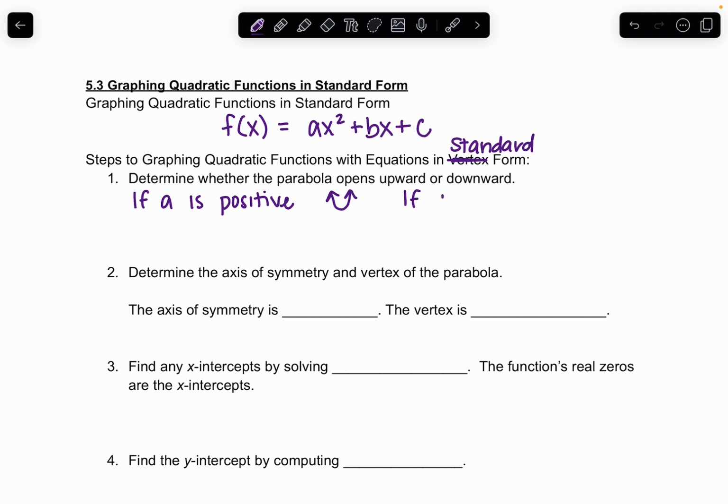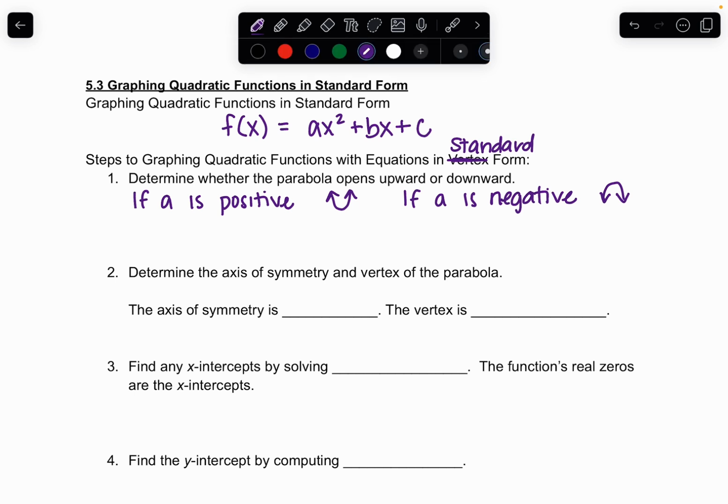And if a is negative, our parabola is facing down. Remember, if our a value is positive and we're facing up, this means that we have a minimum. And if a is negative and we're facing down, that means we have a maximum.